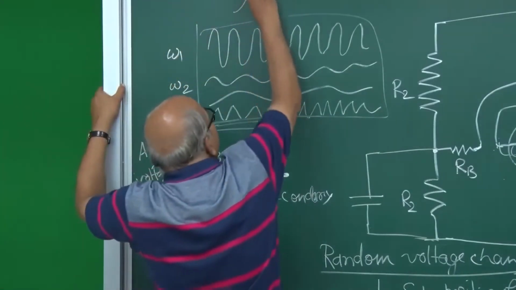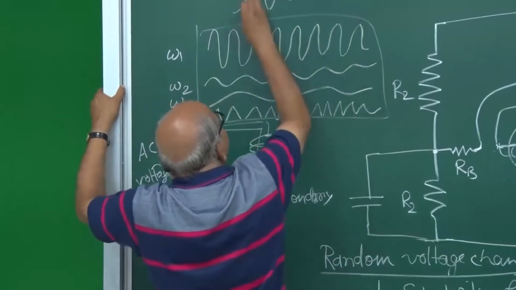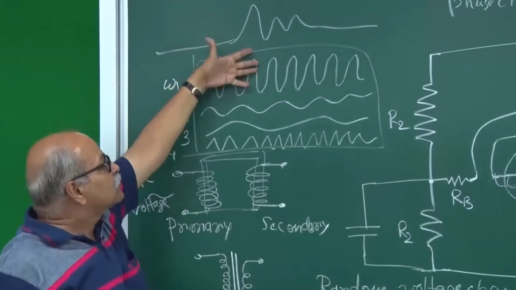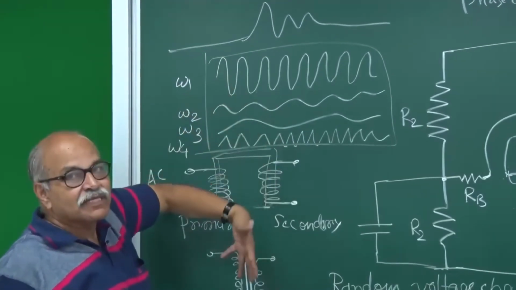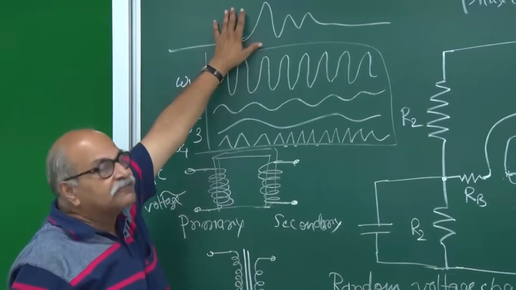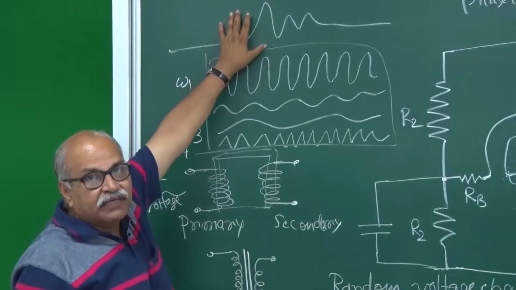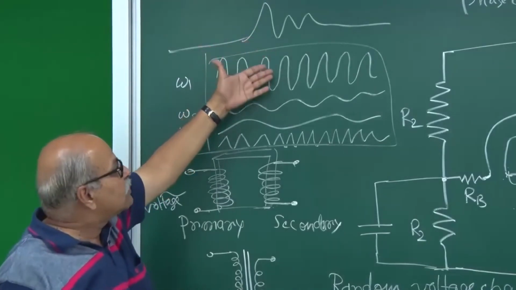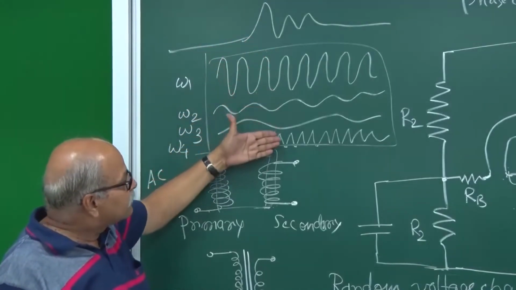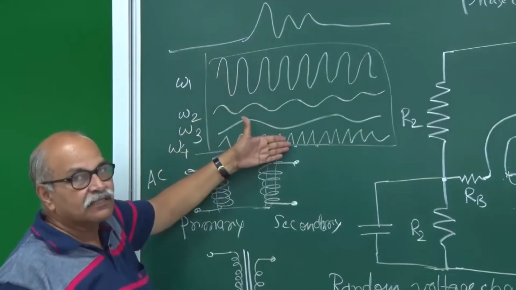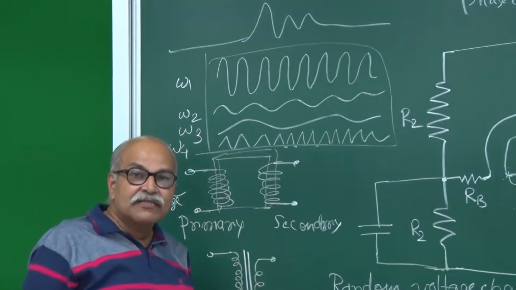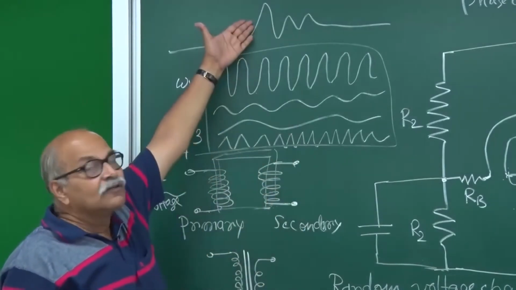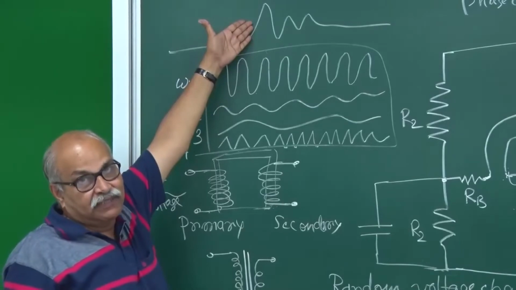For example, you can produce this kind of thing, which can be taken as this plus this plus this plus this. So any kind of shape can be decomposed into a summation of sine waves with different frequencies and different amplitudes. What frequencies are chosen and what the corresponding amplitudes are will decide what kind of final shape appears.